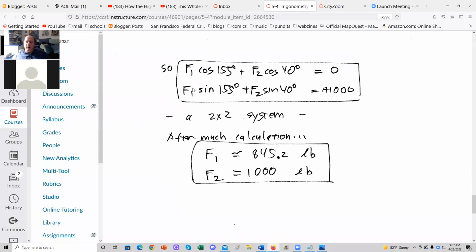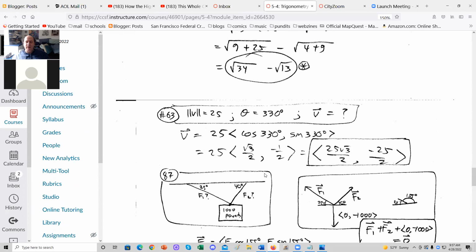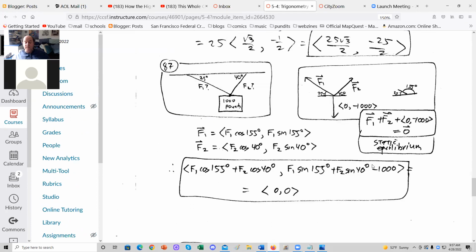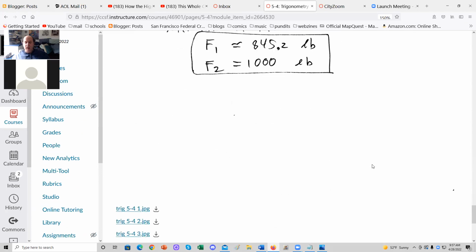All right, this is a 2 by 2 system with variables F1 and F2. And after much calculation, we get that F1 is 845.2 pounds and F2 is 1,000 pounds. Curiously enough, this force here is the same in magnitude as this force here. Curious. Okay.